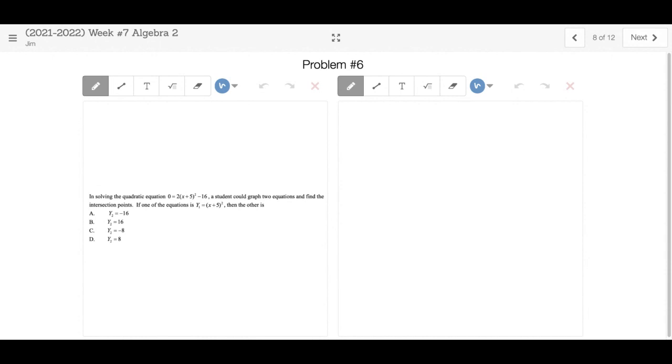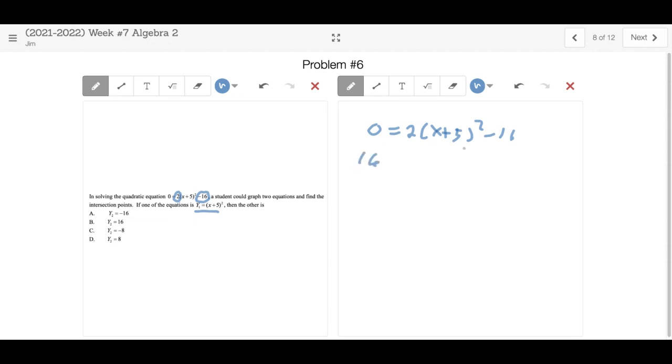I mean, I would not ask a question like that, but you could, if you really wanted to solve this using a system of equations, okay? And what I did in this problem, oh no, guys, I just clicked on something, okay, there it goes. I thought maybe I was going to lose you guys. Okay, so what I would do on this problem is they're telling me that one of the equations is (x plus 5) squared. That means I've got to get rid of this 2 and this 16.